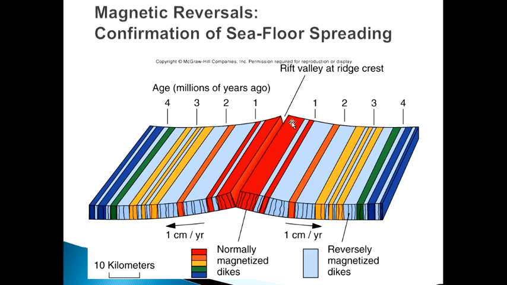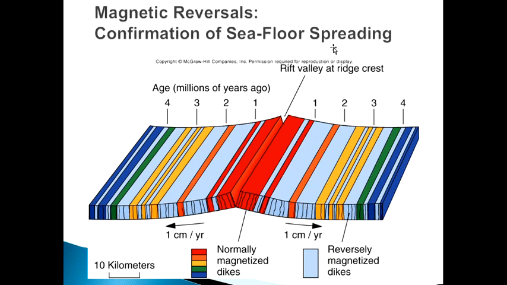It's going to have little crystals that point to the north when the magnetic field is normal, and it points to the south when the magnetic field is pointing the other way. In this diagram, all the brightly colored stripes are same age rocks pointing towards the north, and then the light blue, robin's egg blue rocks are reversed polar.